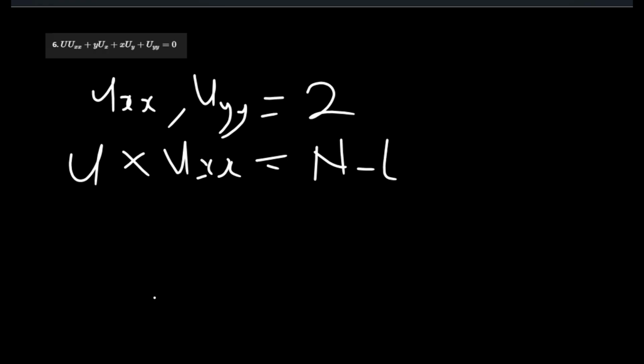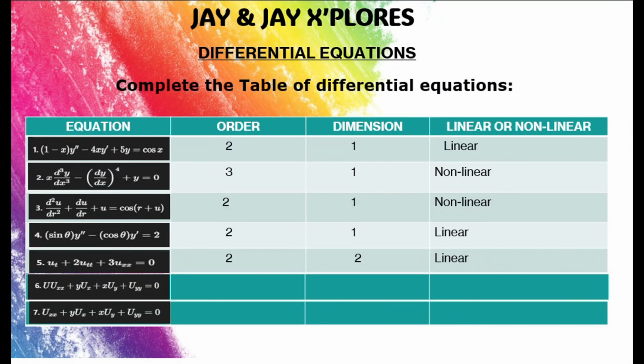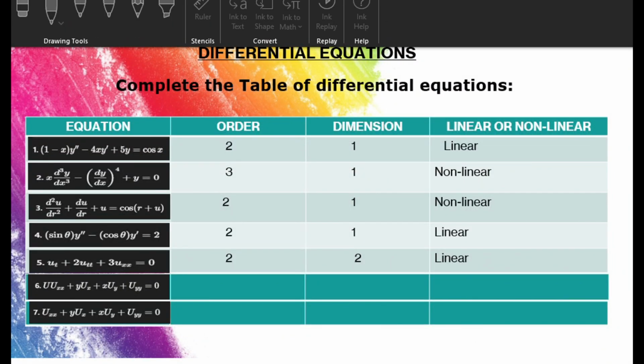So we could say that it is a non-linear equation. Good. Let's look at the dimension. Here we could see we have x and then y, that is u of x and then u of y. We have space and then space, so we have 2D as our dimension.